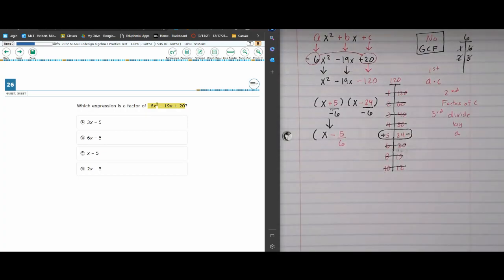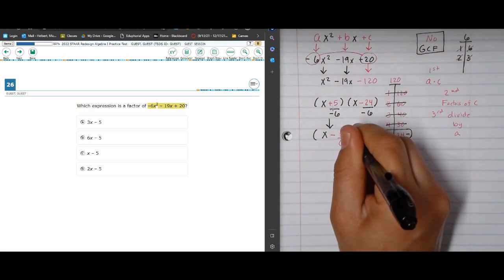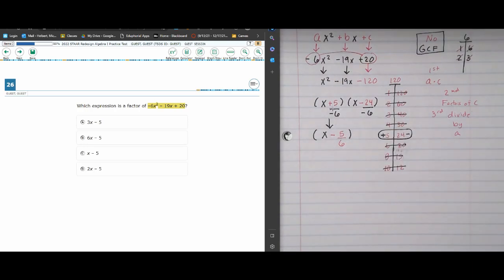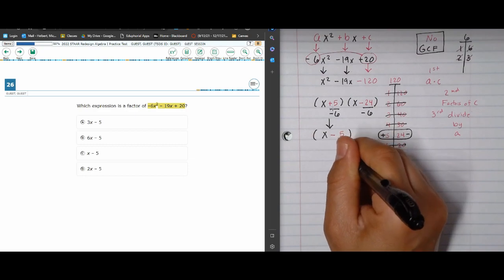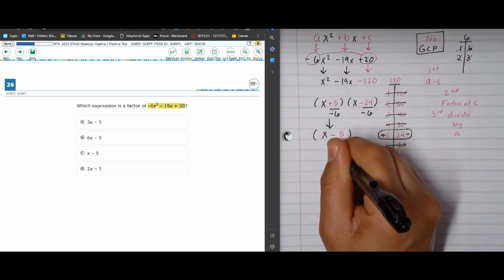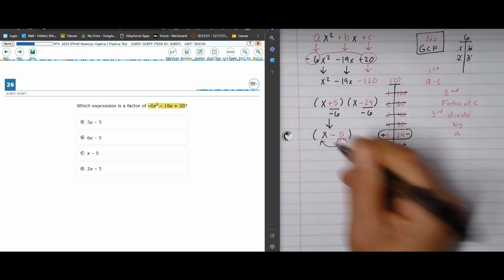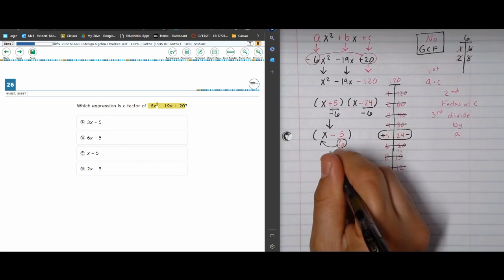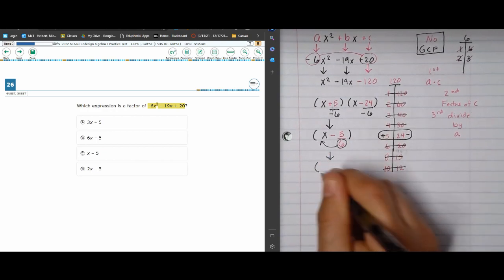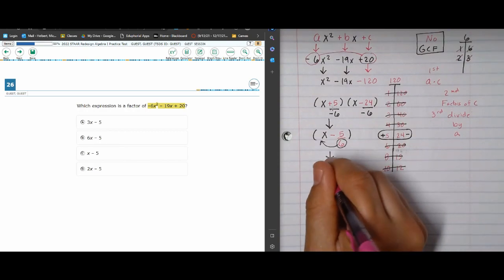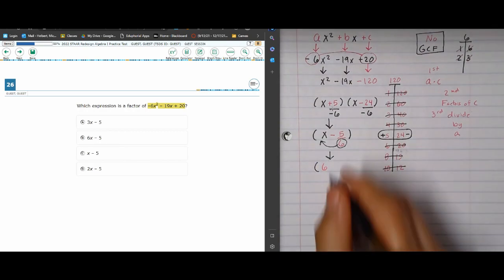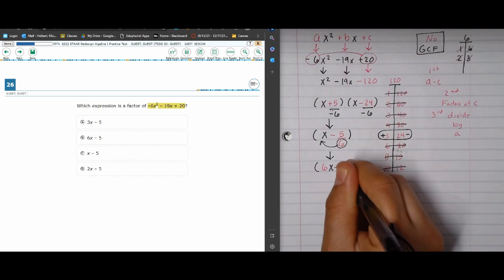This is going to make a difference because we have a sign change going on. The good news is now we're just going to take this denominator, because it's been simplified, and move it in front of the x. And so my final answer is simply going to be 6x minus 5.